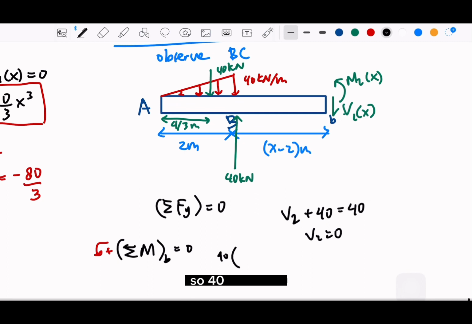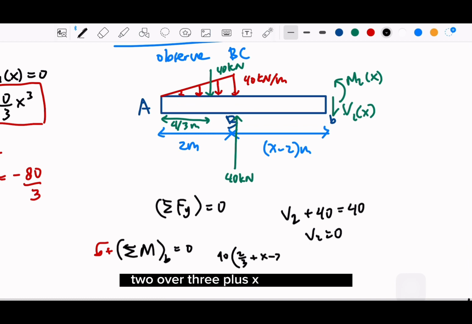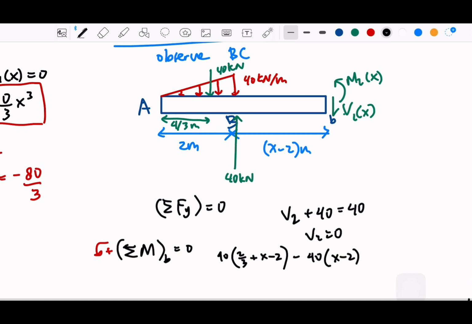So 40 times 2/3 plus x minus 2 minus 40 plus M2.